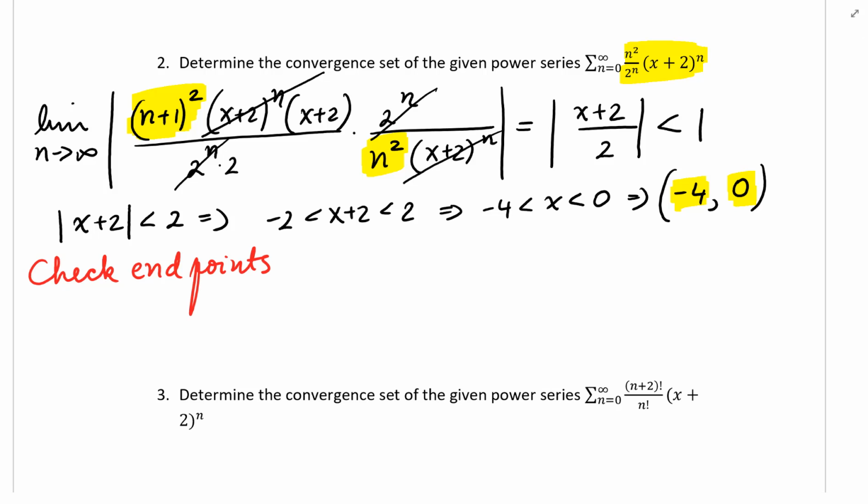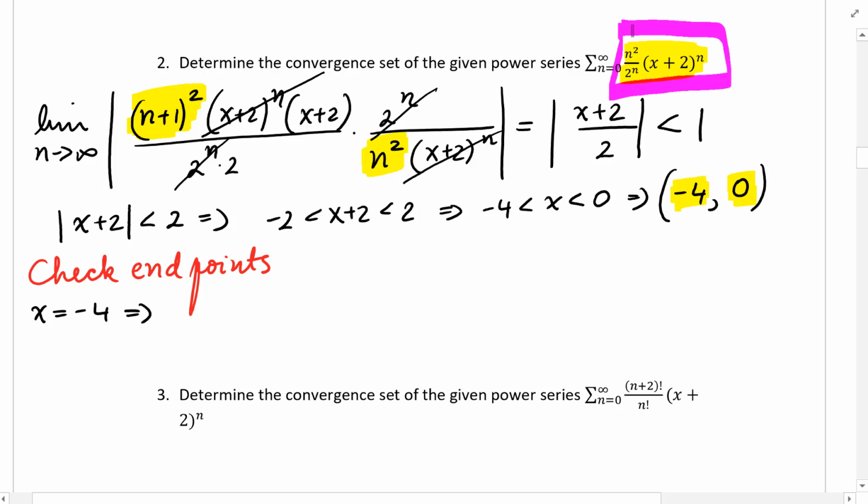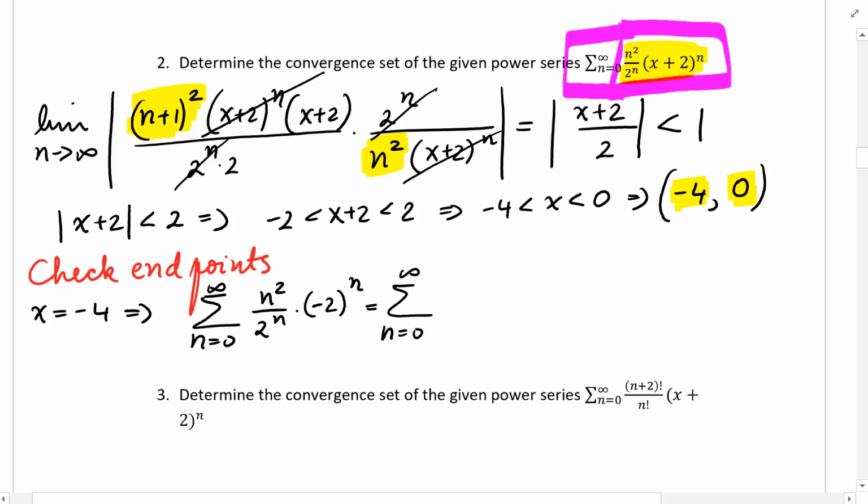So, if x equals -4, I go back into my series and see what we obtain. The power series is the sum as n equals 0 to infinity of n squared over 2 to the n. If x is -4, we get (-2) to the n. So basically, this one is the sum as n equals 0 to infinity of (-1) to the n times n squared.